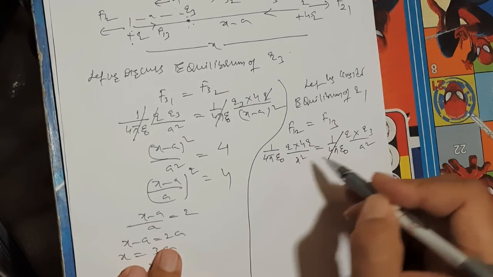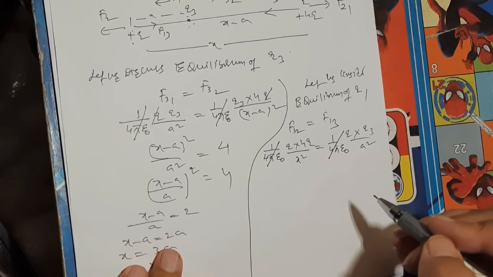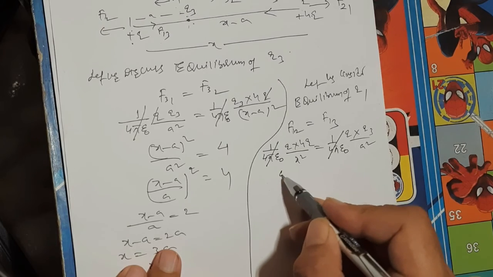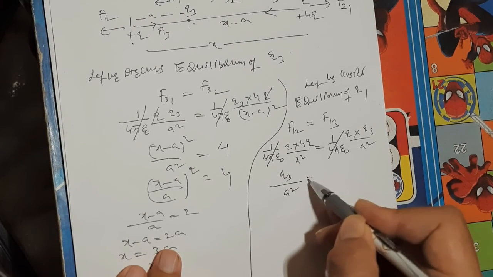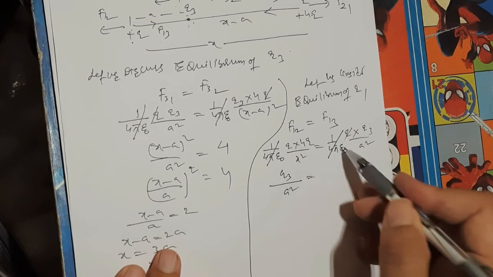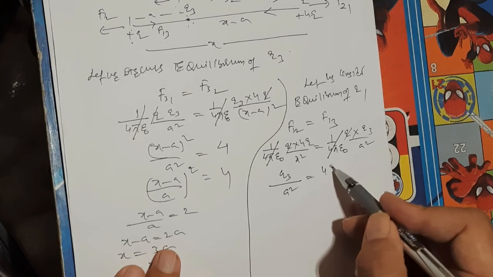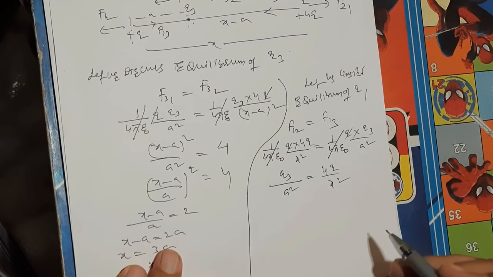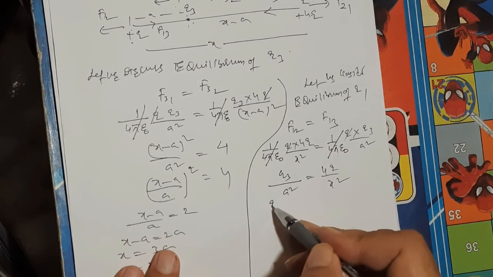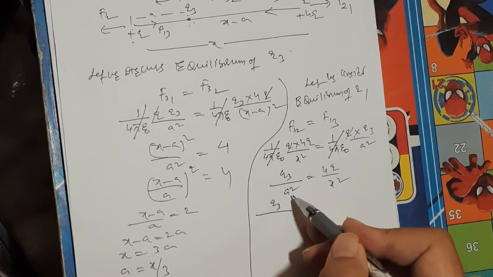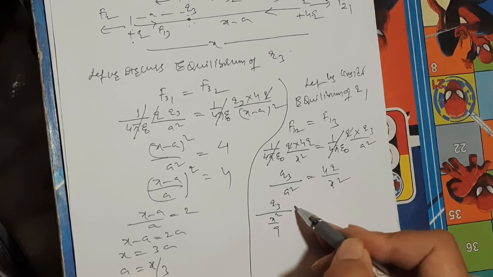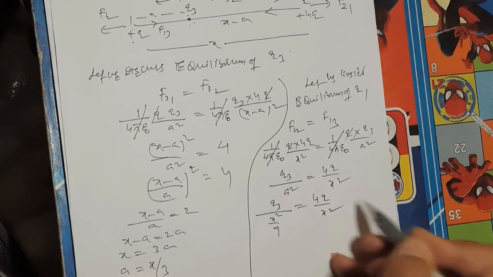Right. Here 1 by 4 pi epsilon naught cancels. So here Q3 by a square is equal to, what do we get here, and Q also cancels, 4Q by x square. So here Q3 divided by a square, what is the value of a here? a is equal to x by 3. a square is equal to x square by 9, so Q3 by x square by 9 is equal to 4Q by x square.